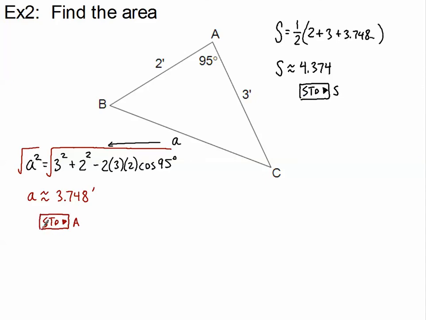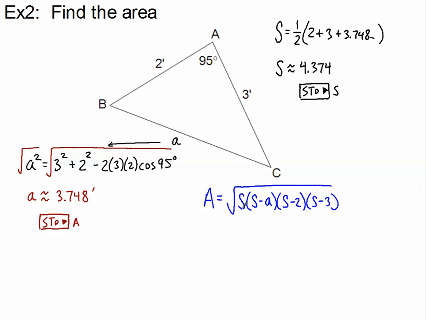Okay, now that we have all three sides and that we have s, we can go right into our area formula. So the area formula is going to be s, and I would do alpha S, times s minus alpha A, times s minus 2, times s minus 3.